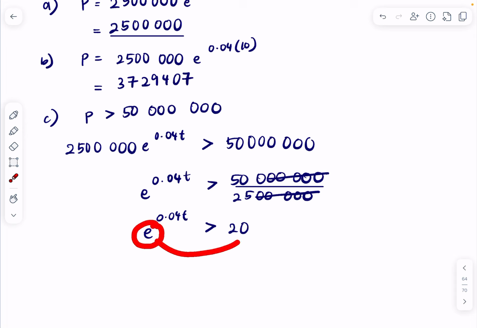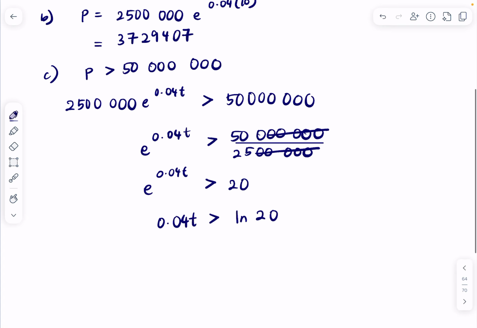Okay. E, if we move here, becomes ln. So 0.04t will come down as a number and E will change into ln. Okay, this is part of the laws of log. When you move this here, it becomes log base E, which is ln. So T will be ln 20 divided by 0.04.